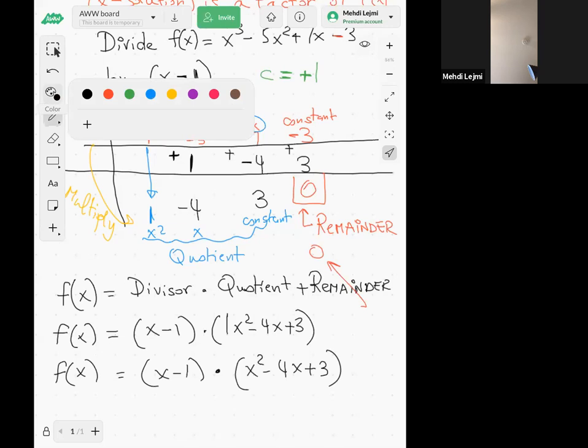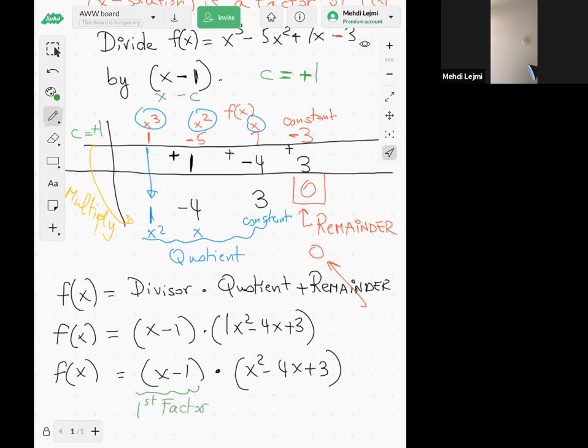So this is our first factor. Now we have to factor x squared minus 4x plus 3, right? So how do we factor x squared minus 4x plus 3? Well, of course, there are different ways to factor this.